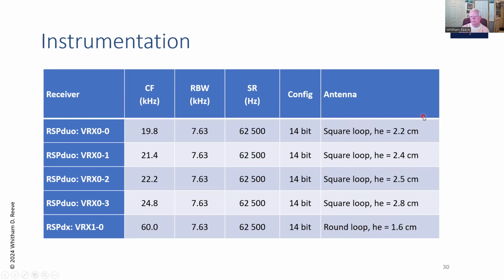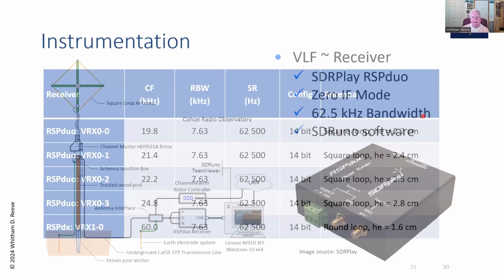Now, these antennas' effective height seems awfully small, a couple of centimeters, and so that implies that you need a fairly large signal strength in order to get anything useful out of it. But it turns out that these antennas, even though their effective height is not very great, seem to work pretty well.